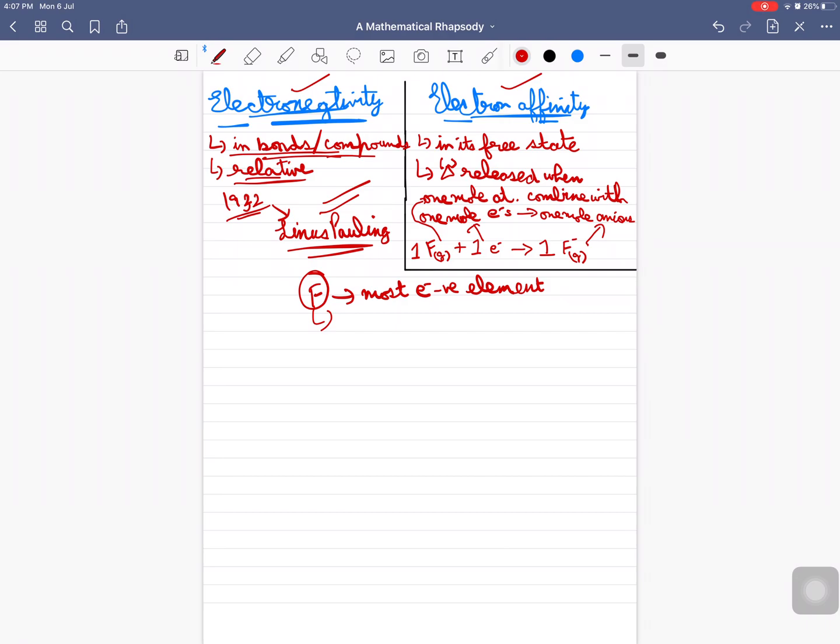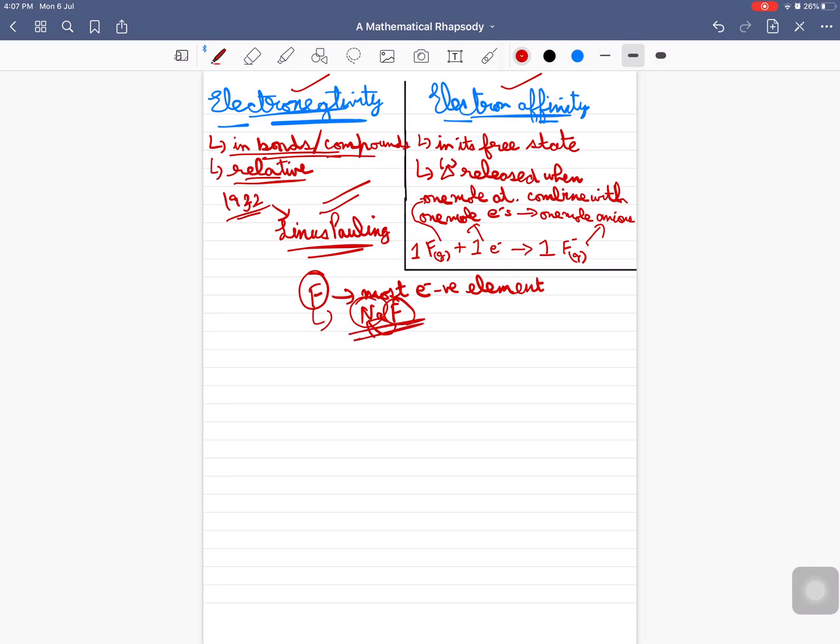So if you have something like NaF, fluorine will always have the upper hand. That means it will always be able to have electrons revolving around it more than Na has, right?